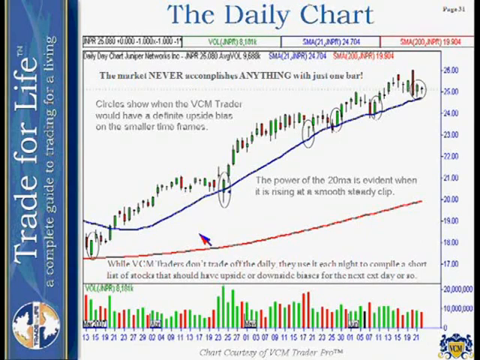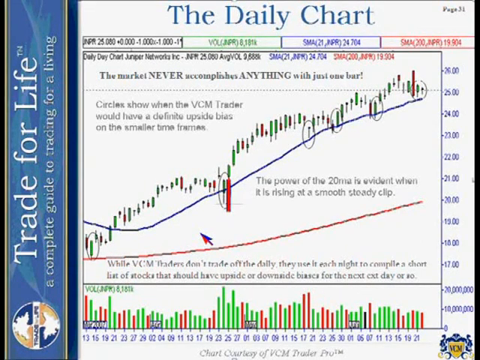Does that make sense? Got it? Now we have a violation. You do not have to wait for the second bar to close. Once that second bar violates the low of the poke-through bar, your moving average is broken.